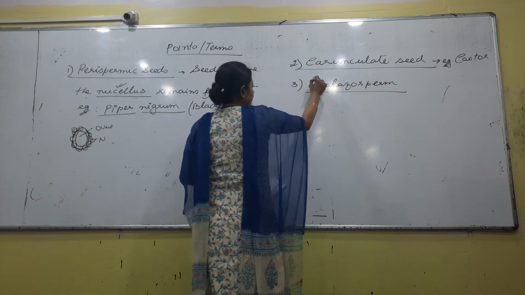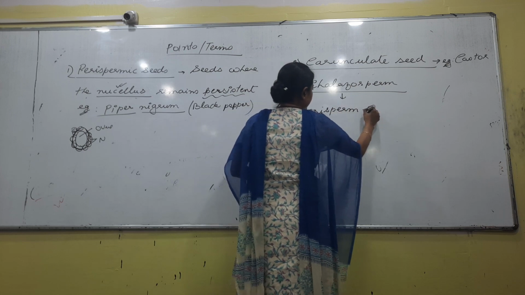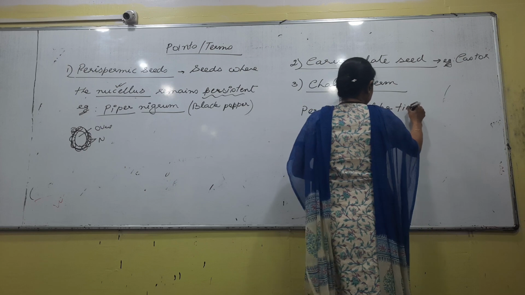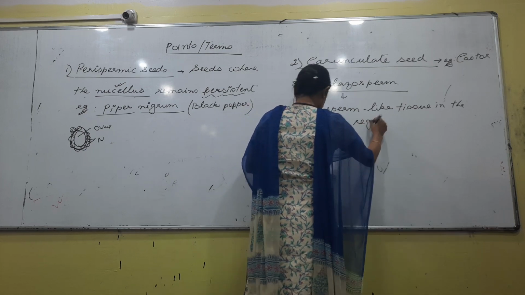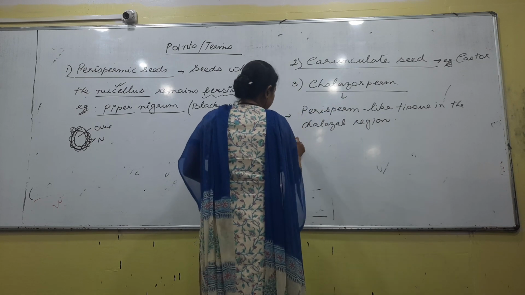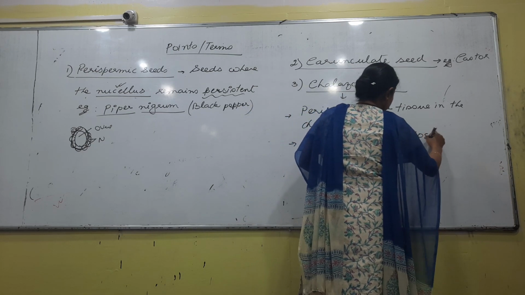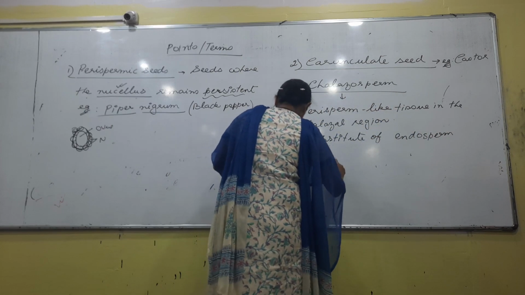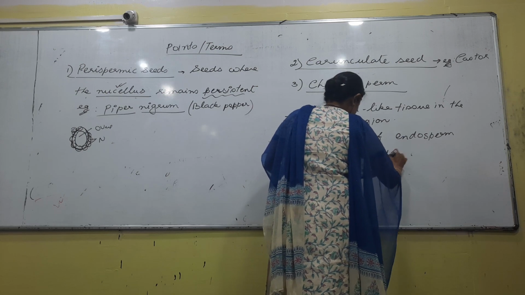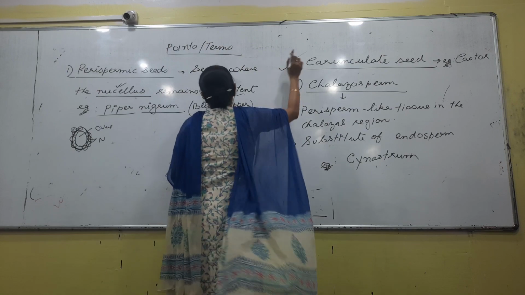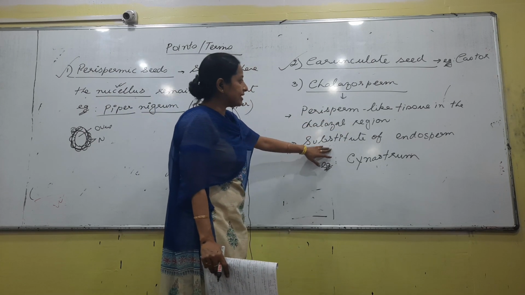We have a term called chalazosperm. Chalazosperm is nothing but a group of tissues that is found in the chalazal area.